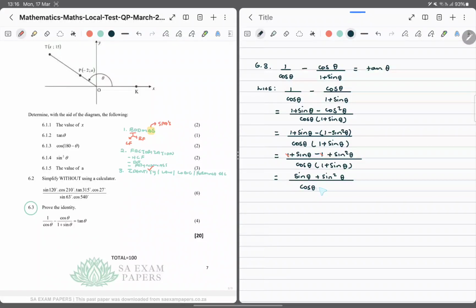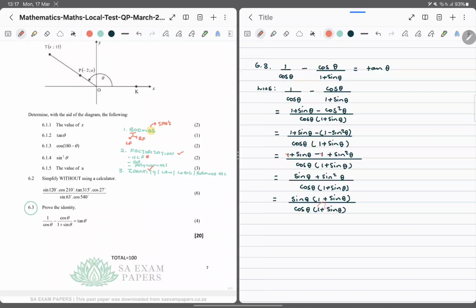Okay, cos theta over 1 plus sine theta. Nice, we can factorize the numerator. Okay, so that is going to be sine theta, so we're taking the HCF, into 1 plus sine theta, all divided by cos theta into 1 plus sine theta.